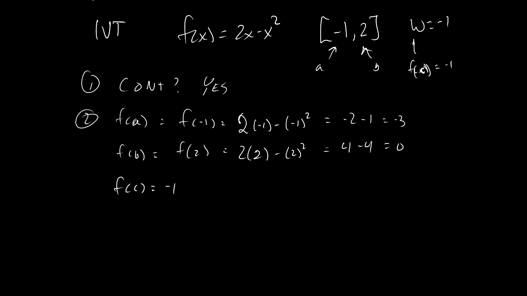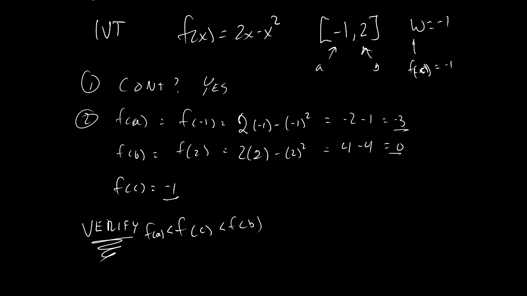So to verify what it asks, and this is important, we need to show that f of c is in between f of a and f of b. Well, f of a is less than, and f of b is greater than. Now it's not equal to at this point because -3 is not equal to -1 or 0.